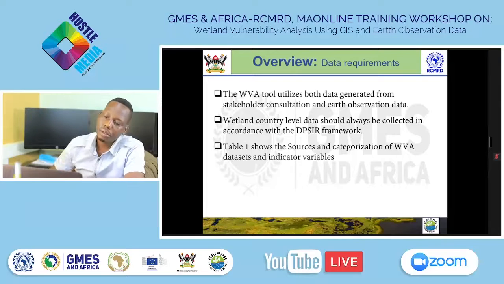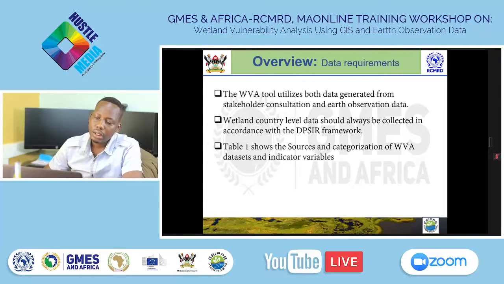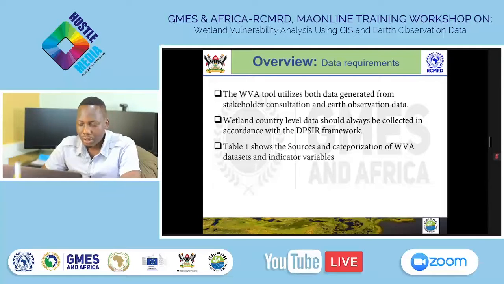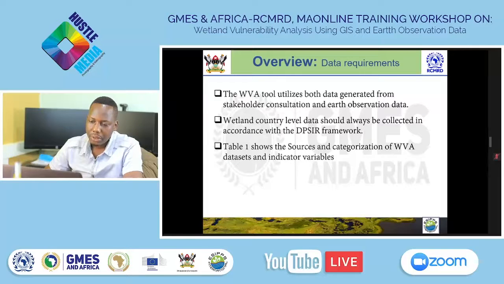Yesterday we looked at the DPSIR Framework and we said that DPSIR is an acronym of driver pressure, which are basically the exposure component of the vulnerability, state and impact, which looks at the sensitivity, as well as the response, which looks at adaptive capacity of the vulnerability concept.